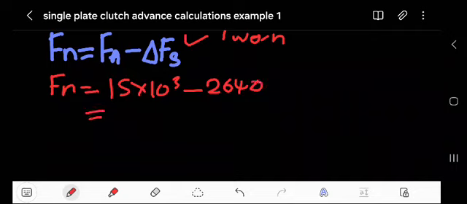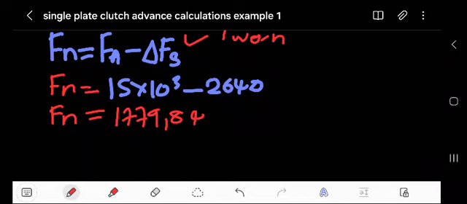Then Fn, when you multiply this, what will you get? Punch it on your calculator. Oh, this is wrong, I punched wrong.